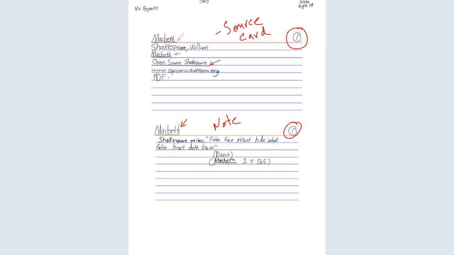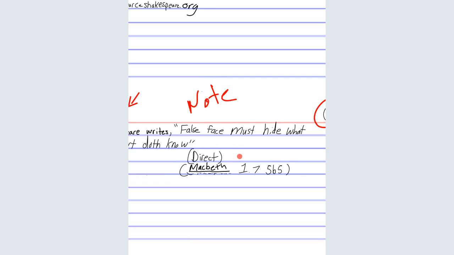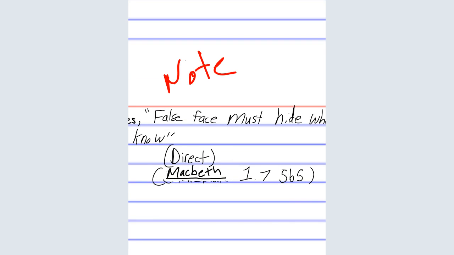What this student did was write that Shakespeare writes, "False face must hide what the false heart doth know." I believe his word was false, so it's there twice. That's a really good quote. What we want to indicate on this card is that it is a direct quote.